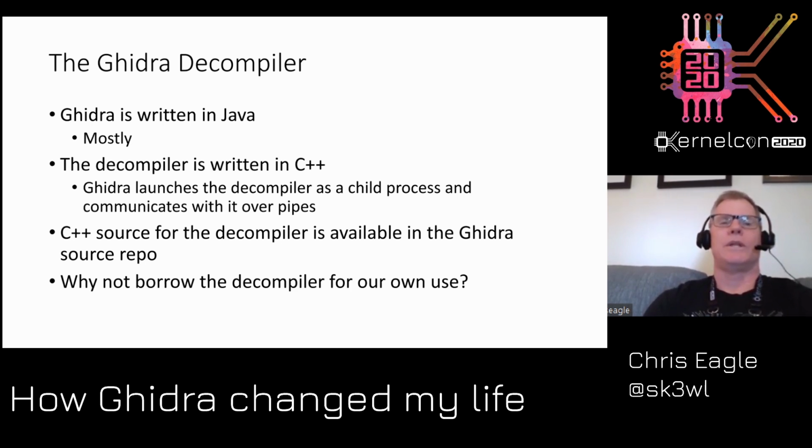It's primarily the aggregation of the P-code and the analysis of the P-code that lets the decompiler then lift that and create a decompiled output that it feeds back to Ghidra, actually in the form of an XML document. So it doesn't feed C back to Ghidra. Ghidra then processes the XML and renders it for you in the decompiler window.